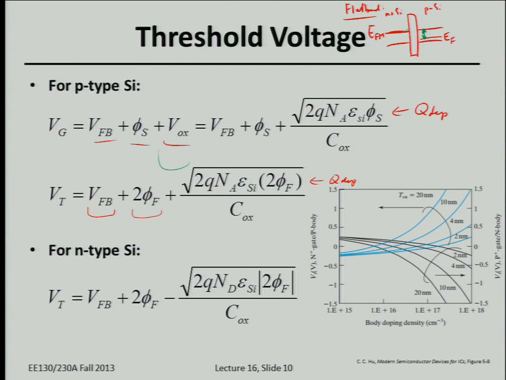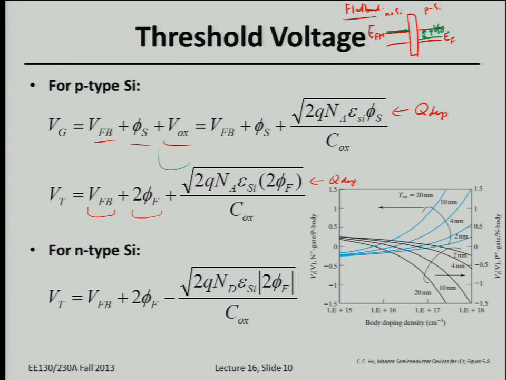Remember, there's a Fermi level in the metal, in the gate, and a Fermi level in the silicon. They're vertically offset, right? That vertical difference is equal to the applied bias voltage. Because the Fermi levels are different in the gate versus the silicon, you know that there must be a voltage being applied to the system.